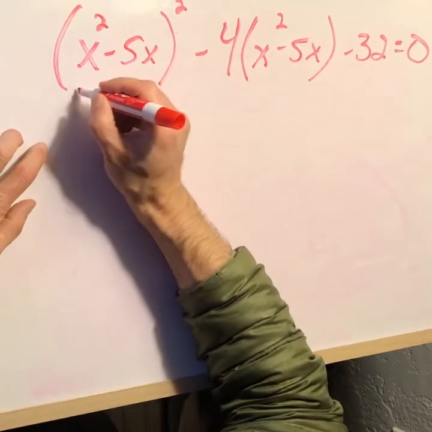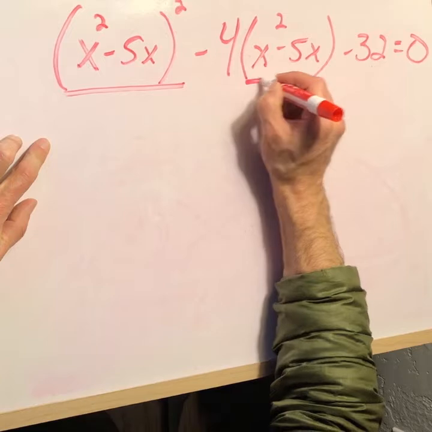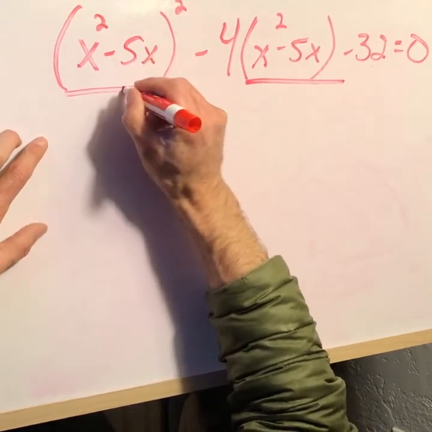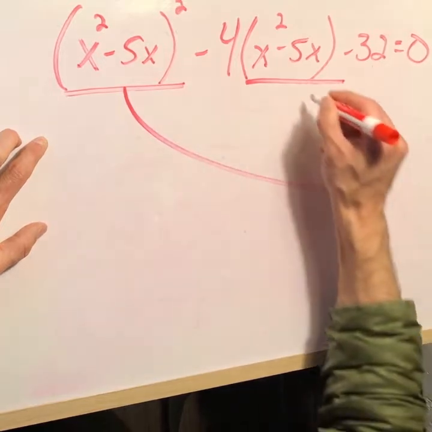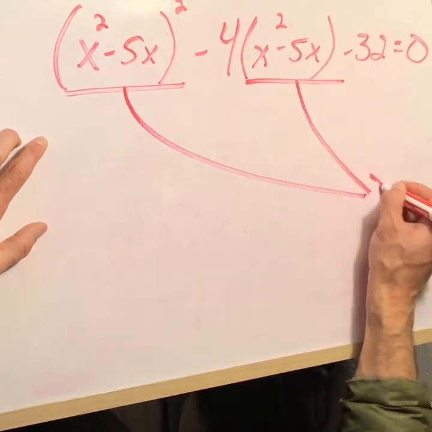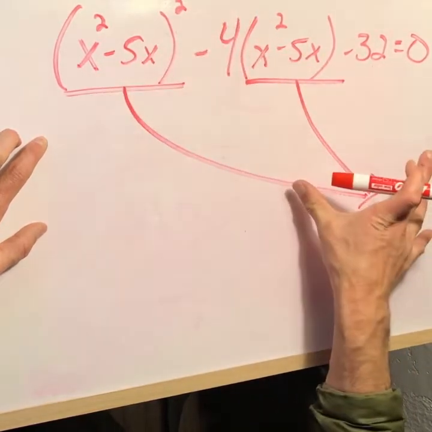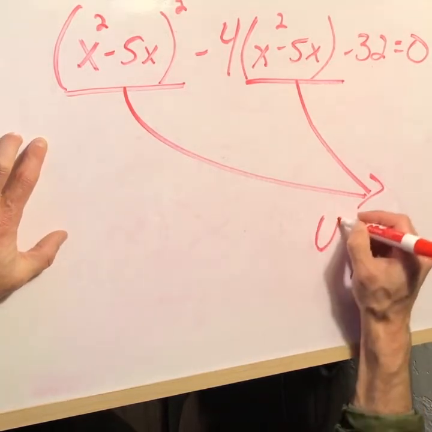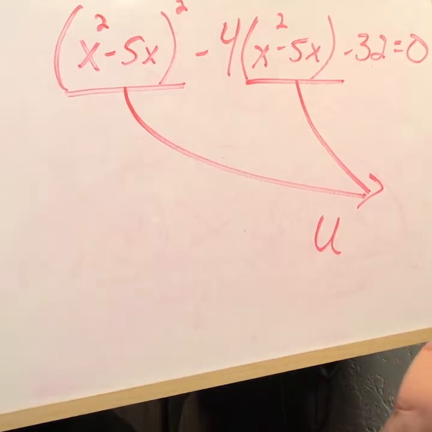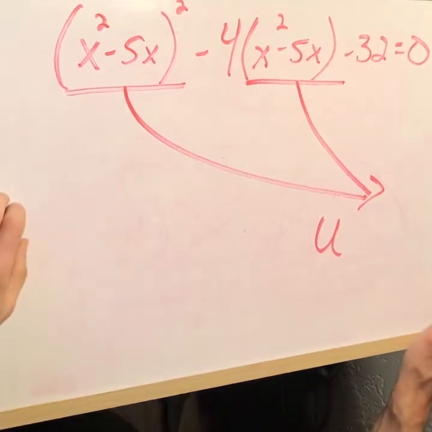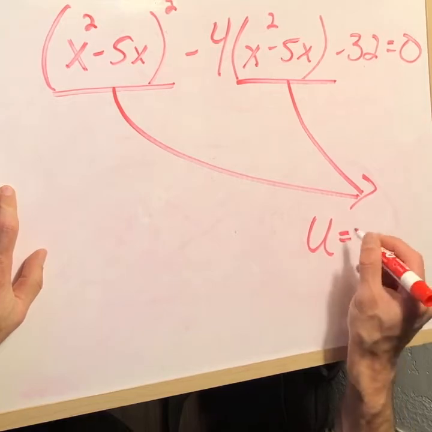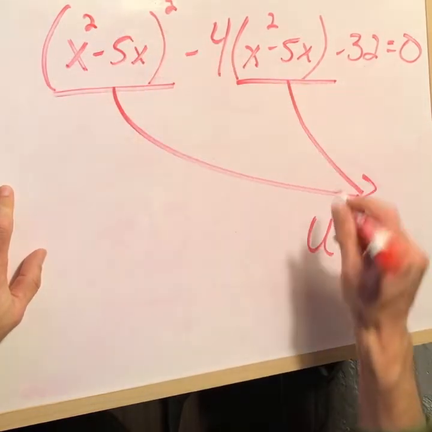Notice I have the same thing right here and right here. What I'm going to do is take both of these out and replace them with a variable called U. You can replace it with any variable, but conceptually they've always liked to use U. I'm going to plug a U in here and a U in here.